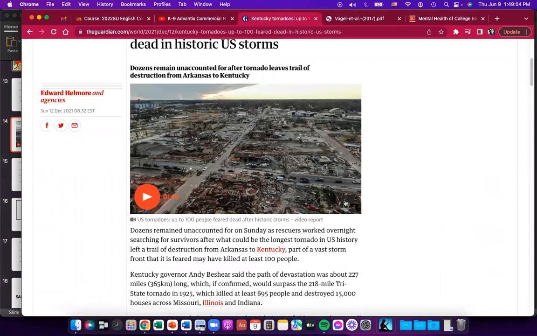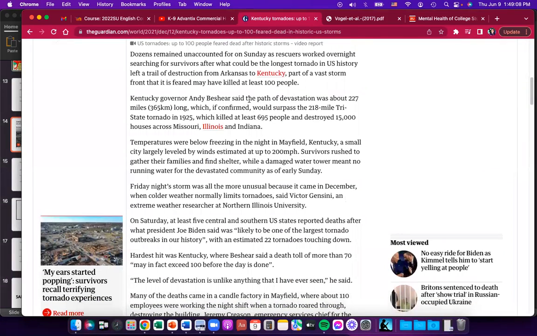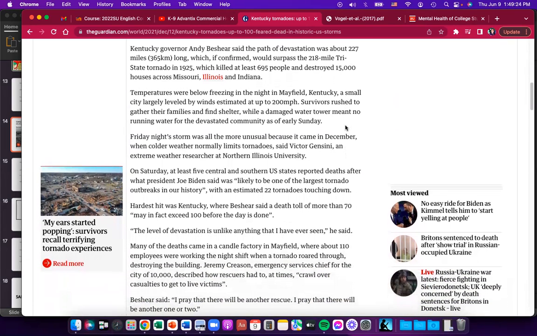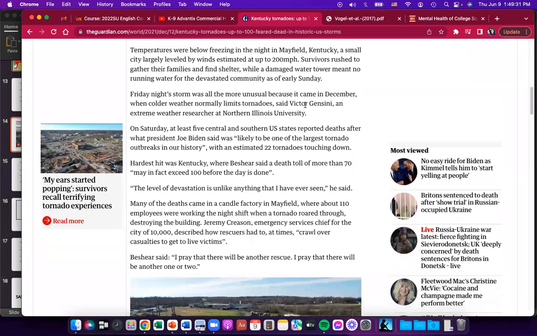If I move too quickly, you can pause this, scroll through, read it on your own. As you skim, you can see that we have the Kentucky governor. He's describing this path of destruction, people killed, houses destroyed. We're talking about wind levels now. We're looking at researchers from the region, so Northern Illinois University.